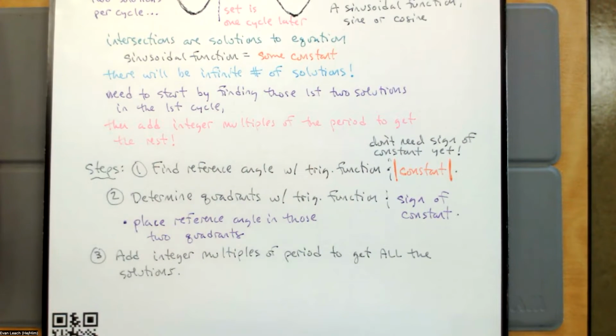The last step is to just add integer multiples of the period to get all the solutions.